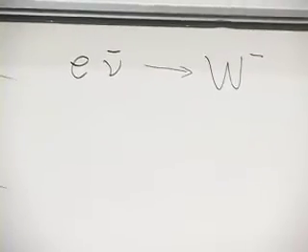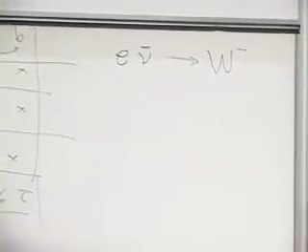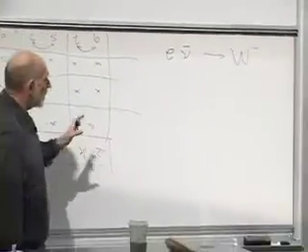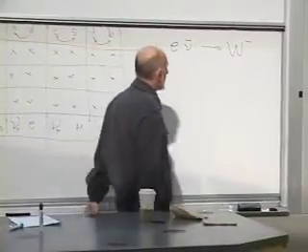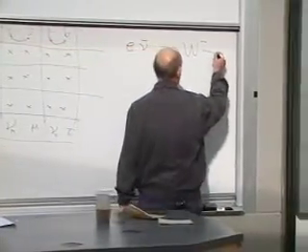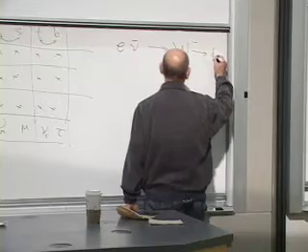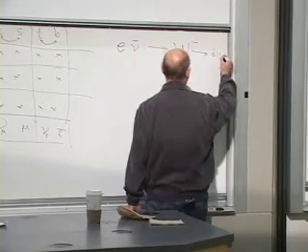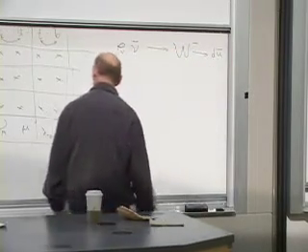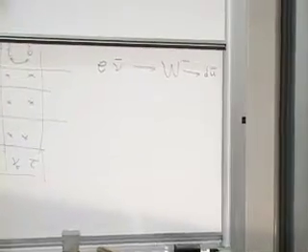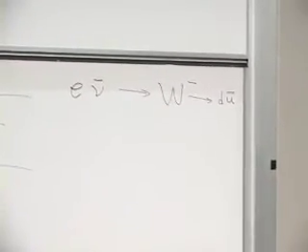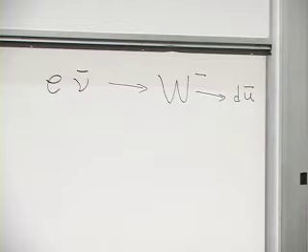Down quark with anti-up quark would also have minus charge. So, if you like, you could also imagine that the W minus has the same properties as a down quark and an anti-up quark. In other words, it's one from the second column and an anti-one from the first column. That's the property that it has.